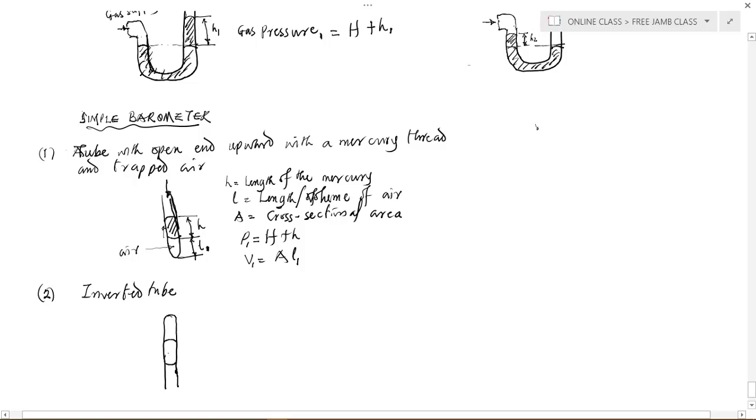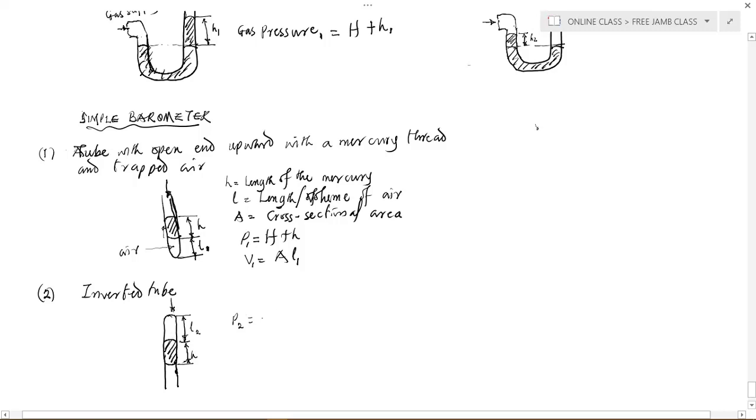Here is the mercury thread length, while this is the length of the air trapped here, L. In this case, the pressure here, you see that the atmospheric pressure is acting downward, pushing against this mercury, so it's pushing it down.